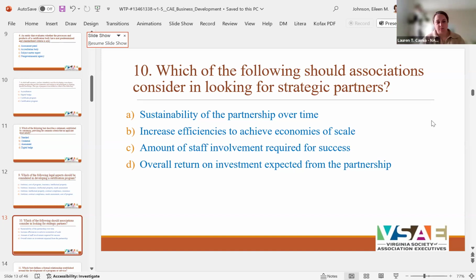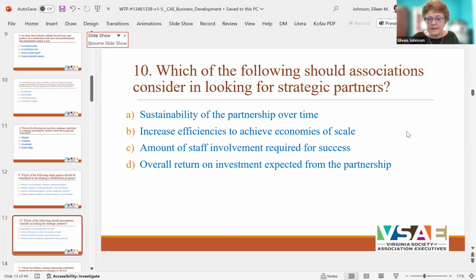Right. Phew. Yeah, because if you look at the answers, all of these are considerations, right? So when they say which of the following should you consider, you might say check all of them. Increased efficiencies, that one doesn't seem to work at all. The amount of staff involvement required for success.